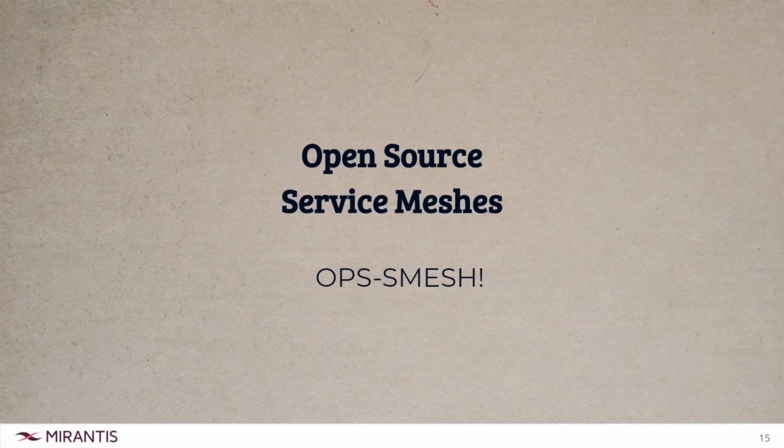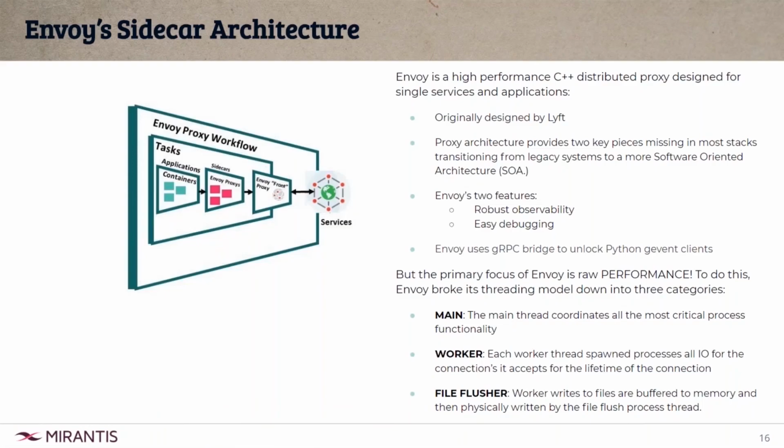The ops mesh. So this will give you a really good view of what a sidecar architecture looks like. It was originally a high-performance application service written in C++ by the people from Lyft.